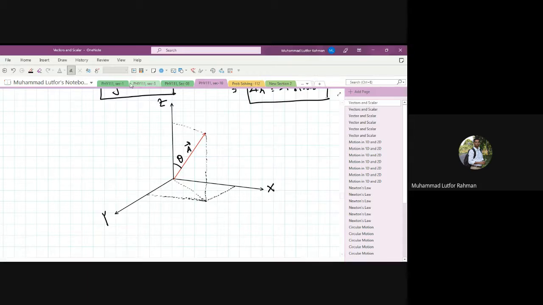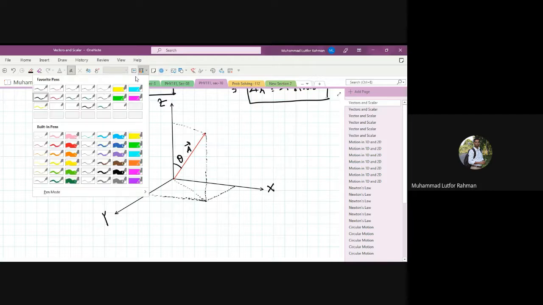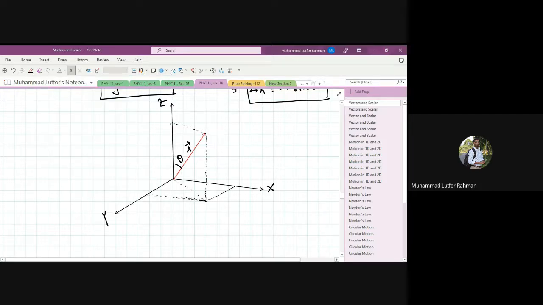So fine. I can say this will be my z component of vector A along the z direction. This will be my ax component, and this will be my ay component, right?